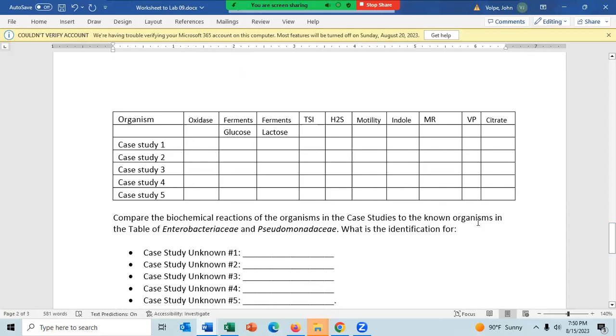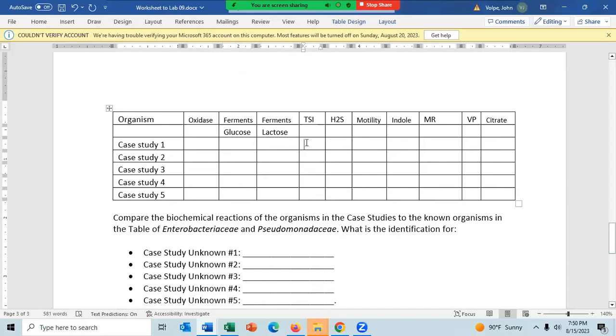And then fill in this table for case study 1. Say what the oxidase test was, the glucose fermentation, the lactose fermentation, the triple sugar iron results, the H2S production, that's hydrogen sulfide production, the motility. So these you just say plus or minus. Indole plus or minus, MR plus or minus, VP plus or minus, citrate plus or minus.